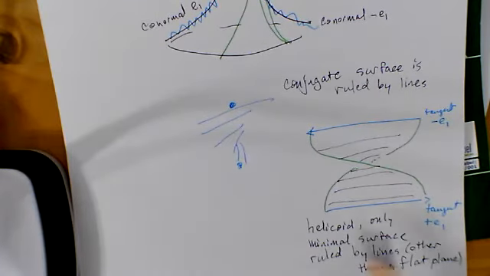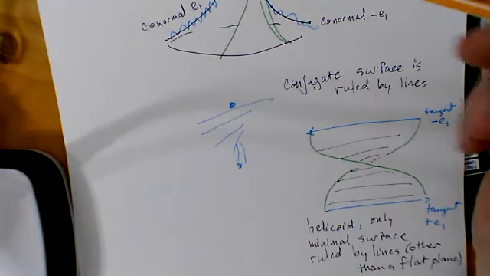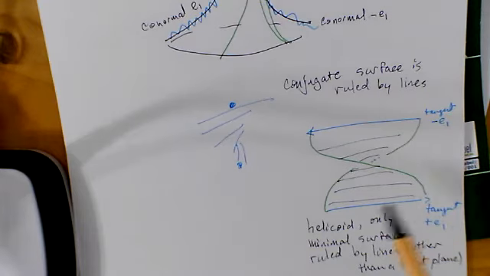Other than the flat plane, it's the only minimal surface ruled by lines. So whatever the conjugate surface to a catenoid is, it has to be a minimal surface ruled by lines.